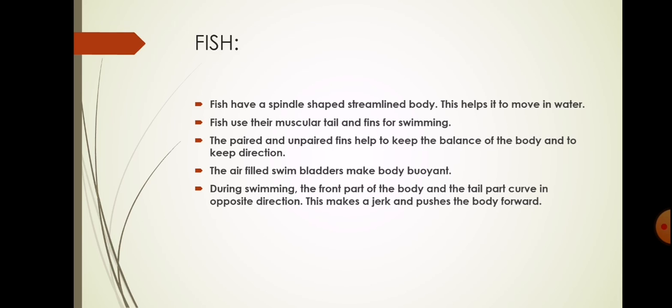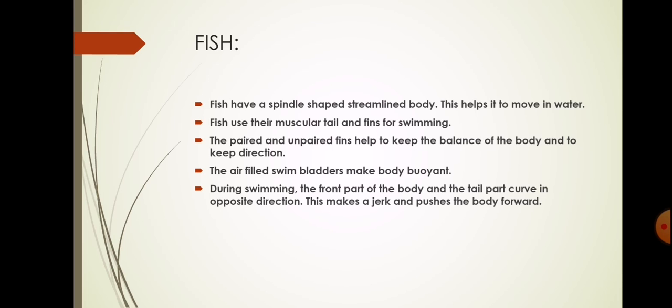A few fish have paired fins, or a few have unpaired, only one fin. According to the different types of fish, they have different fins. Because of these fins, the muscular tail and a spindle shaped streamlined body, fish are able to swim.